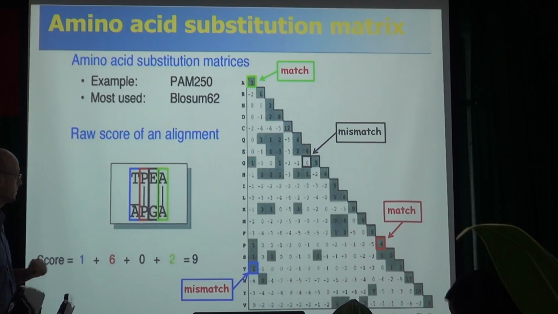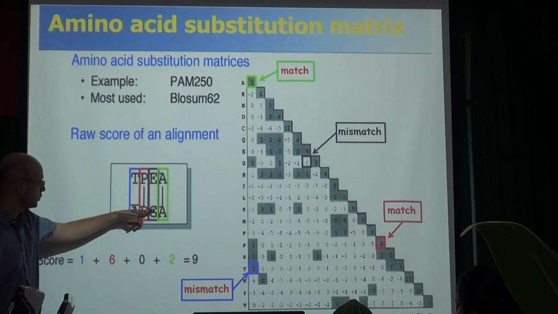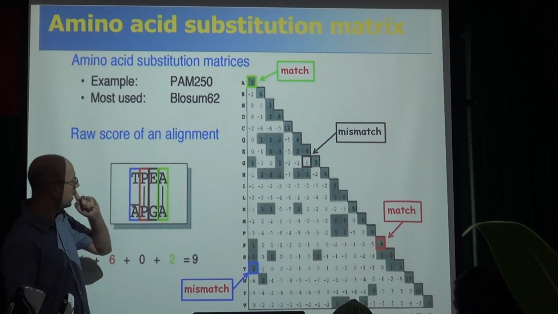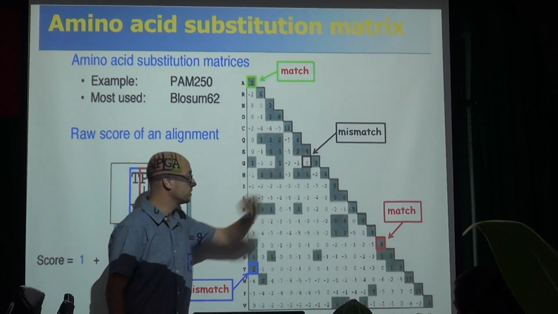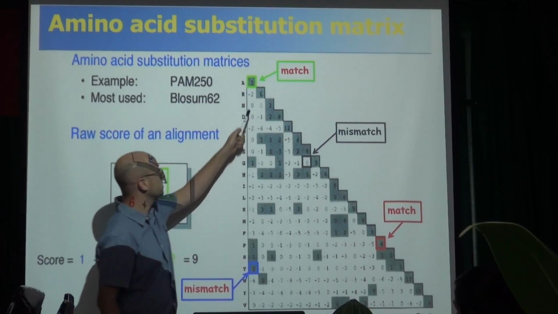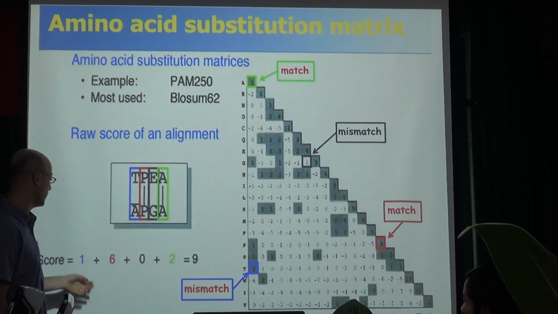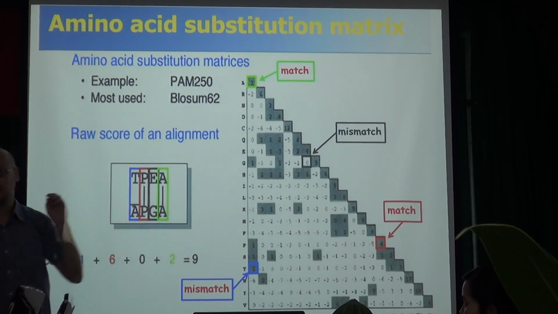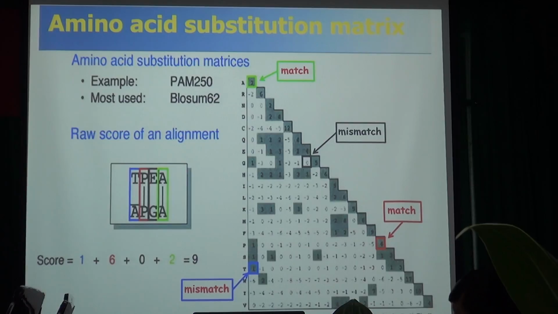You give it 6. E and G, another mismatch. You go to E and G, the score is 0. And A, the score is 2. You count them together, 1 plus 6 plus 0 plus 2, you have 9. That is the score of this alignment.